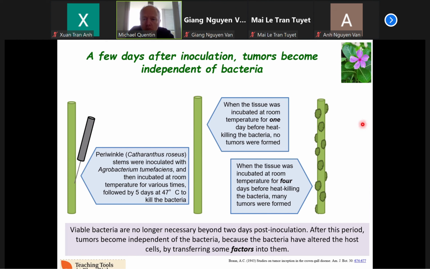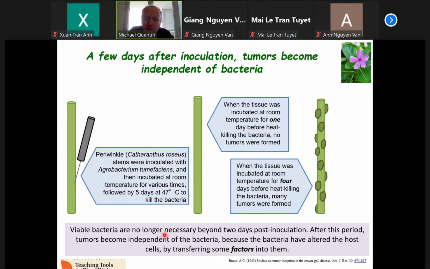The conclusion from this experiment is that bacteria is needed to induce the formation of gall on the stem, but the formation of gall on a stem can occur even a few days after you kill the bacteria. So it can happen independently of the presence of the bacteria.